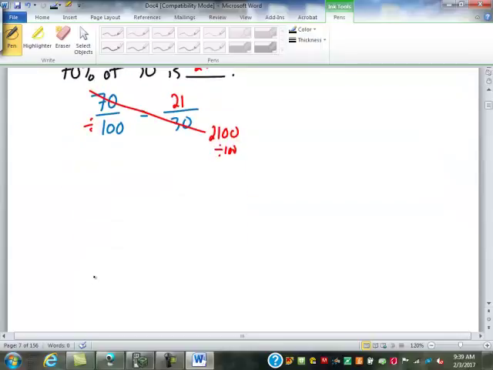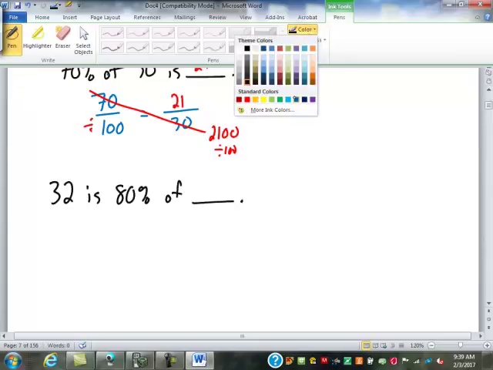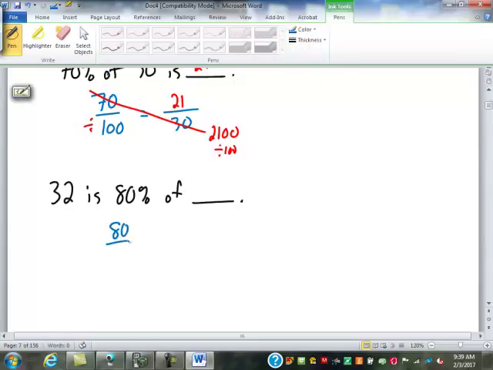We can have some that look like this. So here, 80% is 80 out of 100. But here we have 32 is 80%. The 32 matches up with the 80. We'll read this as out of blank.